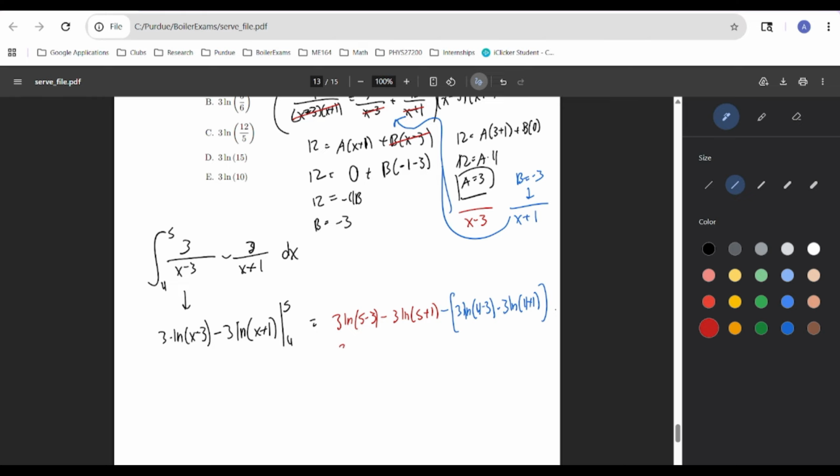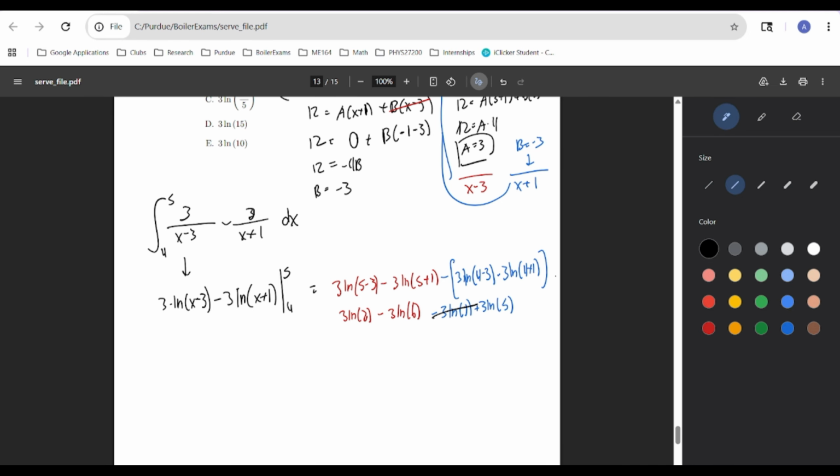So this becomes 3 ln of 2 minus 3 ln of 6. This becomes minus 3 ln of 1, and then plus 3 ln of 5. As we know, 3 ln of 1 becomes 0, so that term is gone. When you have the subtraction of two natural logs, this becomes ln of 2 over 6, and then finally plus 3 times ln of 5.